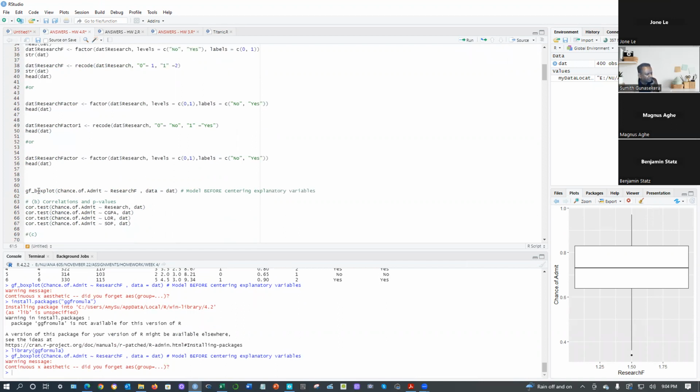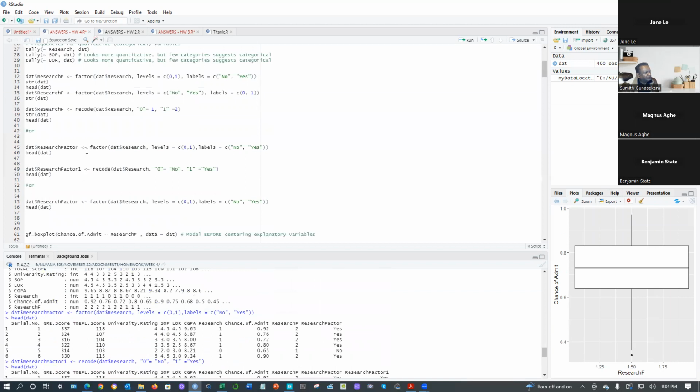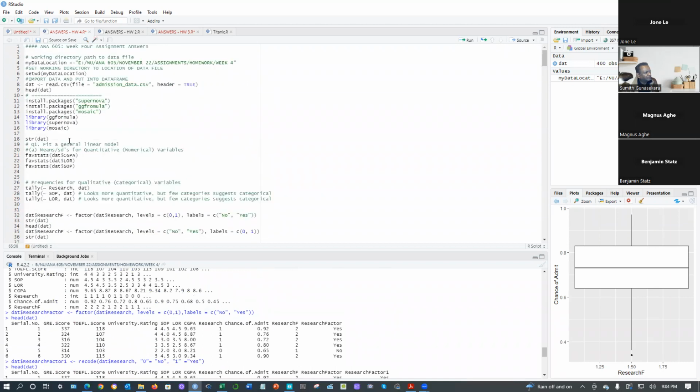Leave the boxplot. Yeah, ggformula. See, this one is not right.